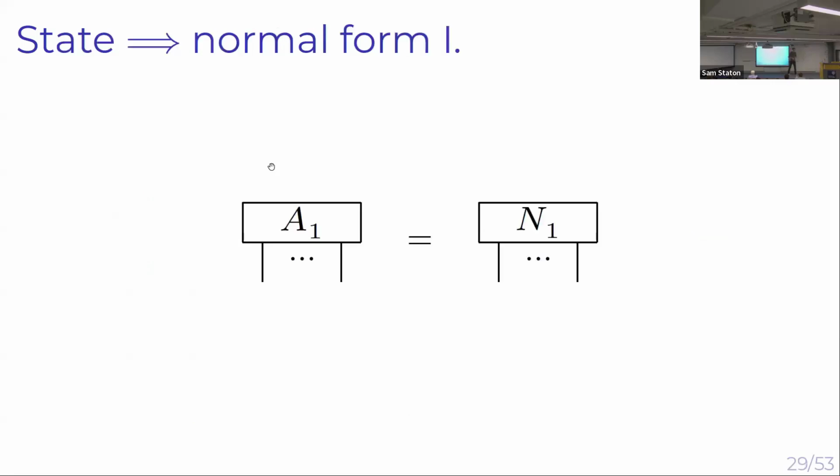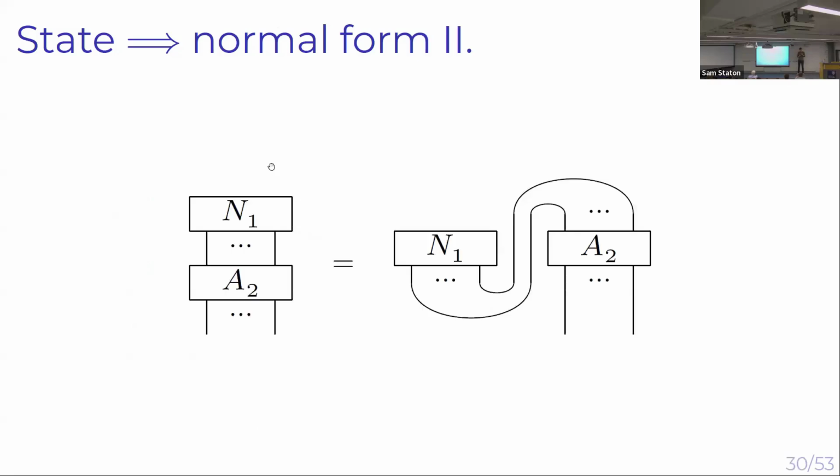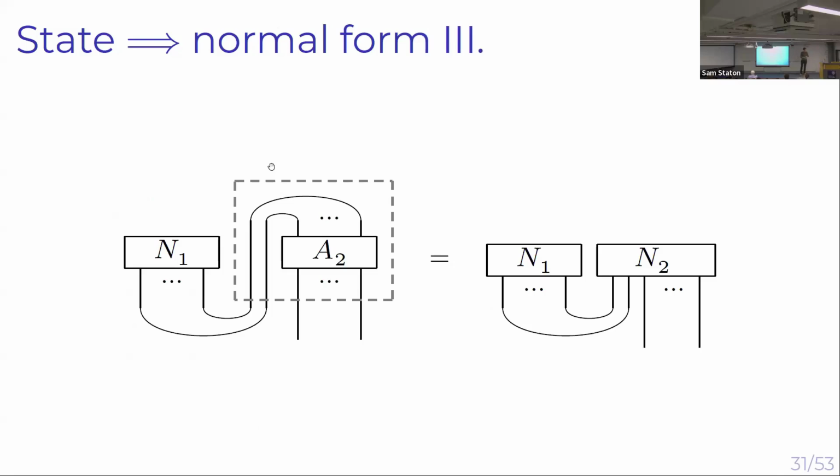So what we do is first rewrite the top part into its normal form. What we have to do is rewrite each generator into its corresponding normal form. Then we just simply bend that diagram and rewrite again the top layer into its normal form.